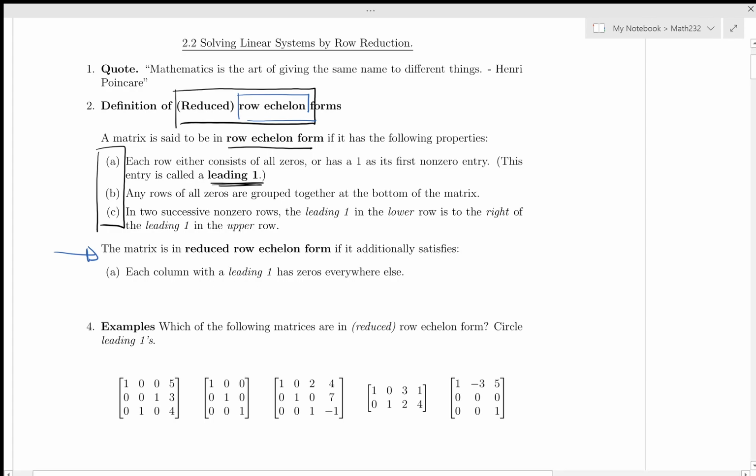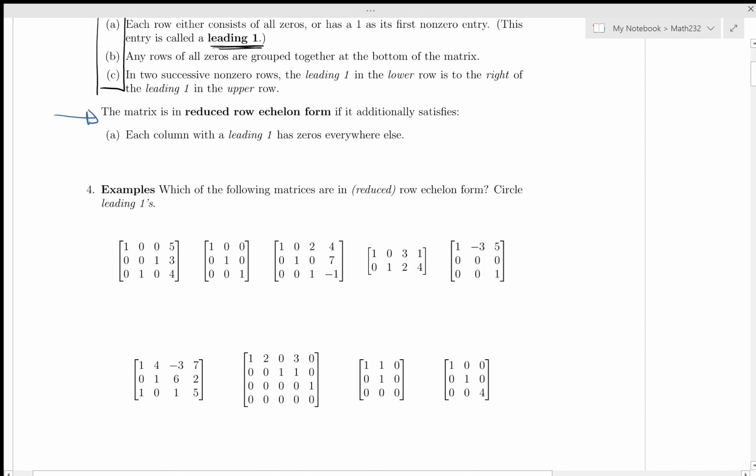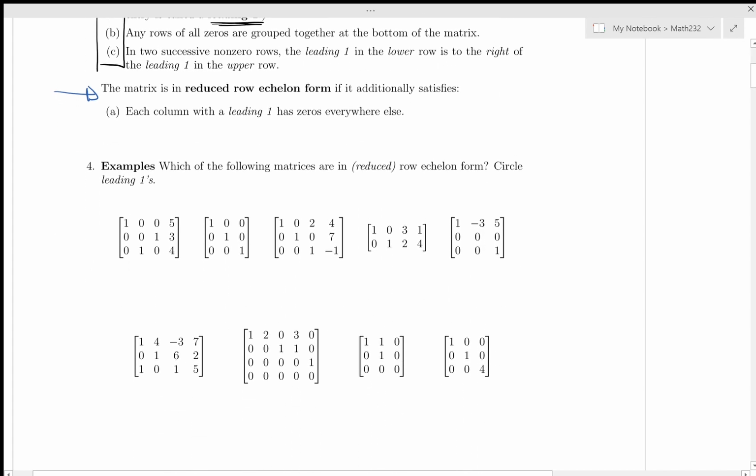Just to make sure that we understand, and are able to recognize when a matrix is in row echelon form, or possibly even more, with the additional constraint, in reduced row echelon form, we're going to take a look at some matrices and identify whether each is in row echelon form, reduced row echelon form, or neither. We're also going to identify the leading ones.